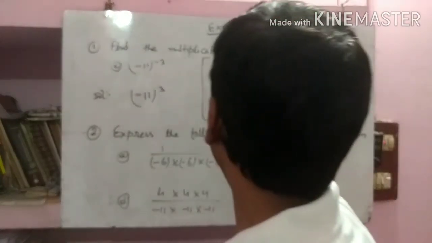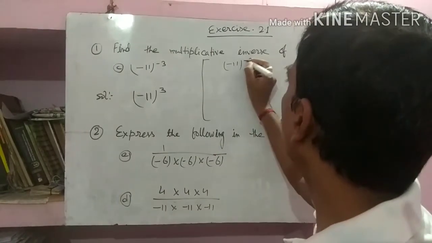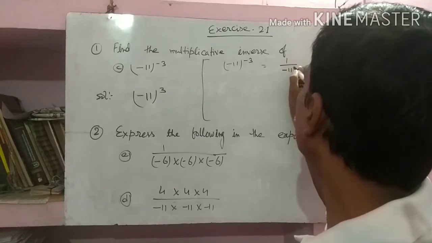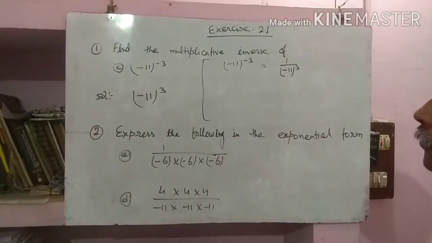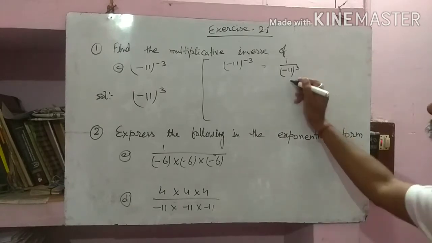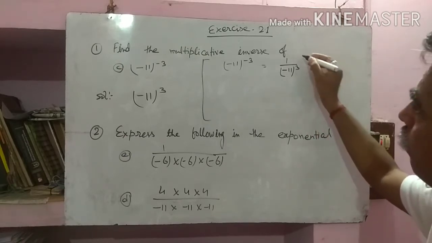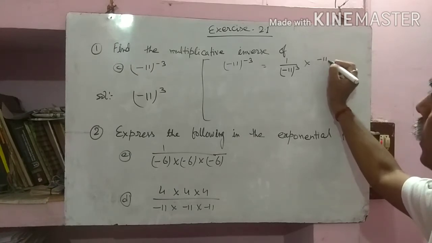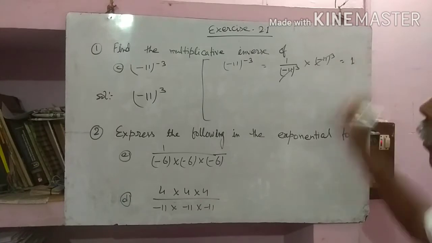It's (−11) to the power −3. It means 1 by (−11) to the power 3. It means its numerator is 1. So if we multiply it with what number, (−11) to the power 3, what will you get? The result will be 1.